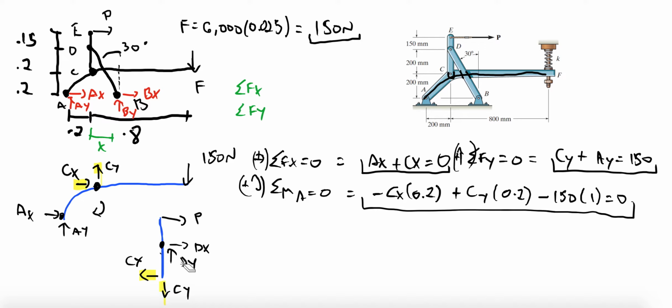We already know that the force is either going this way, or I could choose this way. We don't know if it's in tension or compression. We tend to draw it in tension just because that's the norm, so I'll keep it like that. This is 30 degrees, and I'll call this FBD.